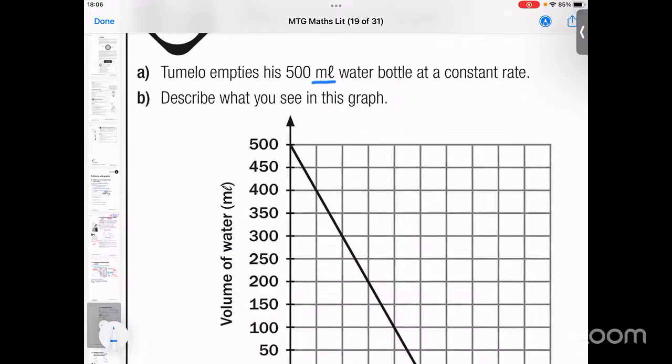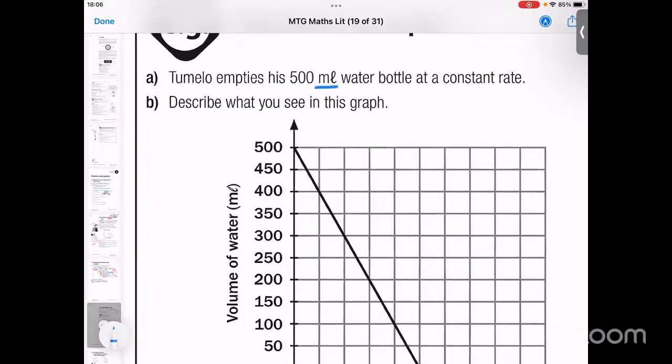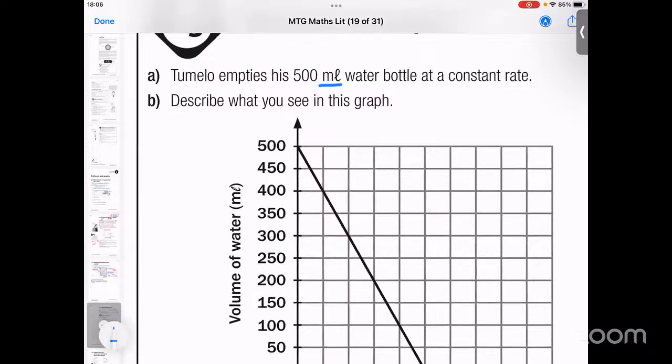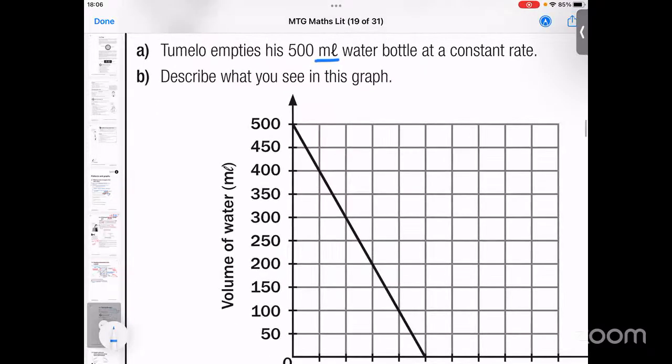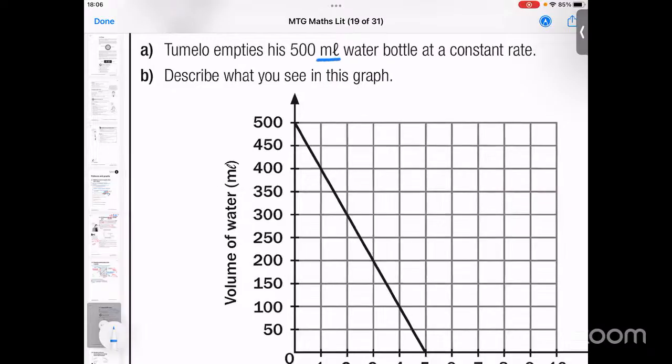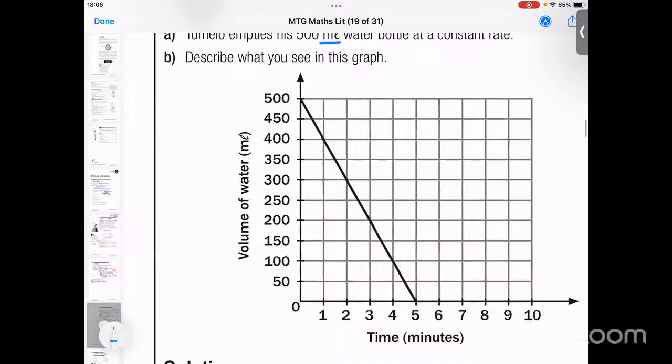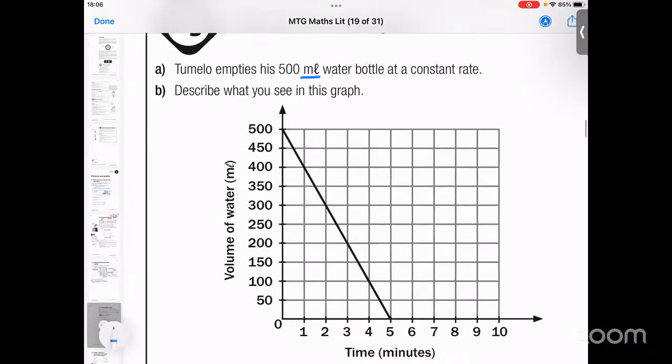Tumelo empties his 500 milliliter water bottle at a constant rate. So that would be A.